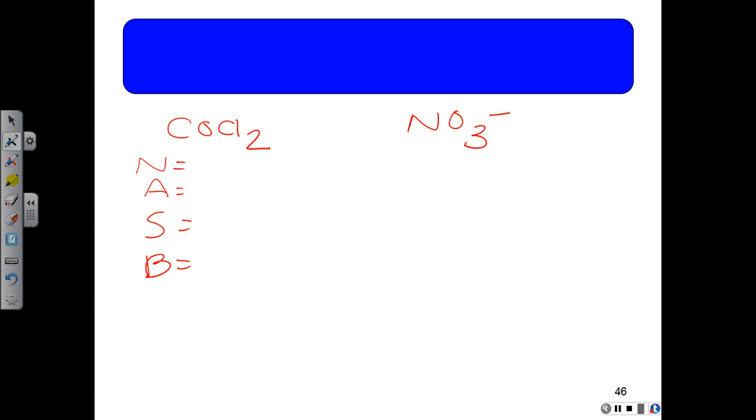We're almost done. Let's do these last 2. He said we need 24 electrons. Everybody agree with that? Yeah, 4 atoms, and they all need 8. Wait a second. 8 times 4 is 32, so we need 32.